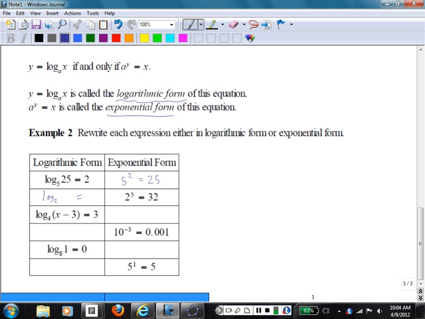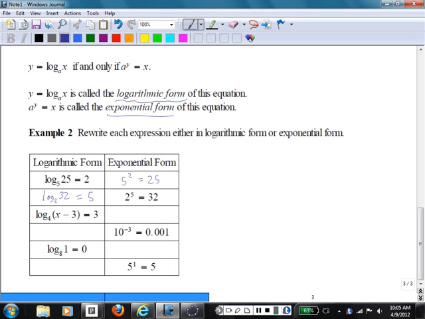So what I do in my head is think, okay, what is the exponent? The exponent is 5, and the exponent must equal the logarithm, because we think of logarithms as exponents. So I'll just put the 5 right there. So the base goes where the base of the logarithm goes. The exponent goes equal to the logarithm, and the number that's left, the 32, must go right there. So what we're saying is 5 is the power that 2 can be raised to get 32 as the answer.